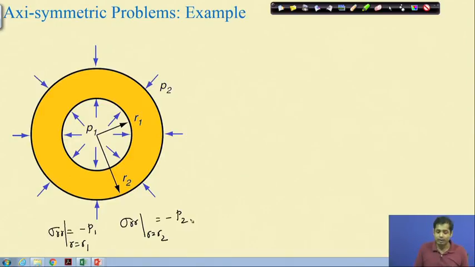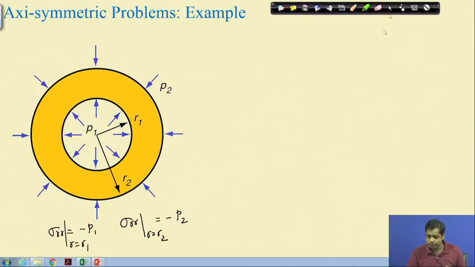We can also have the boundary condition that sigma r theta on the surfaces is 0. Now, let us take our stress function.